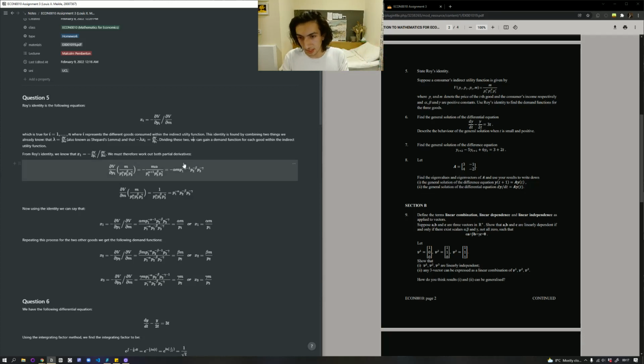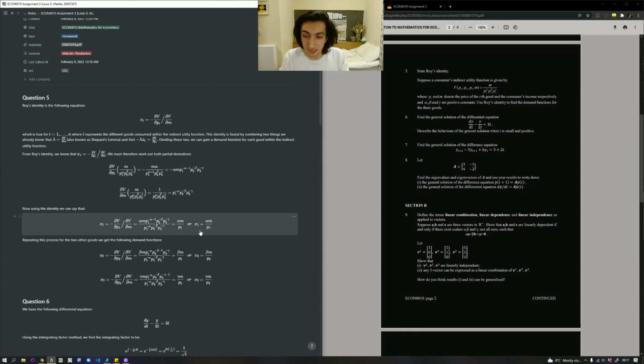You can see the power is reduced, and we're just moving alpha to the front. This is very simple stuff. We can see the partial derivative of the indirect utility function relative to m here, because it's only 1m, we just simplify it down to 1, and then we get this simple function.